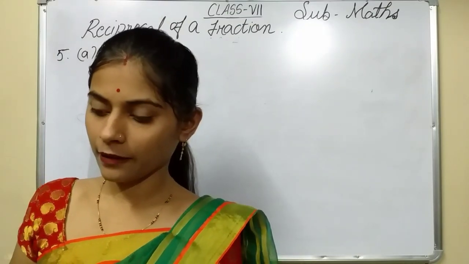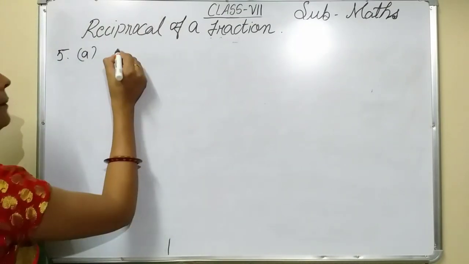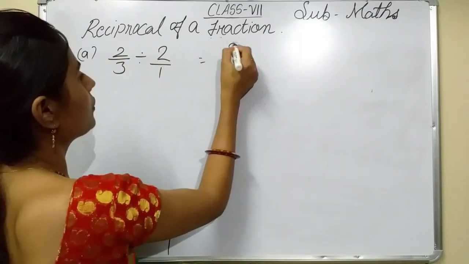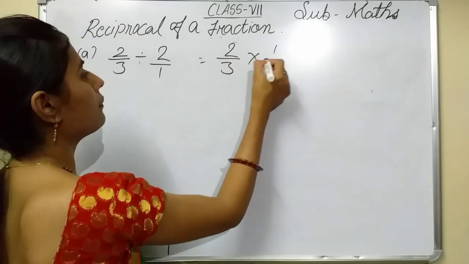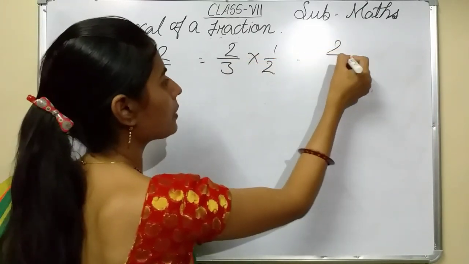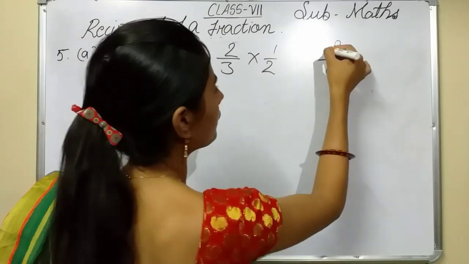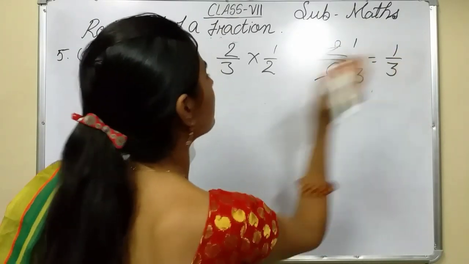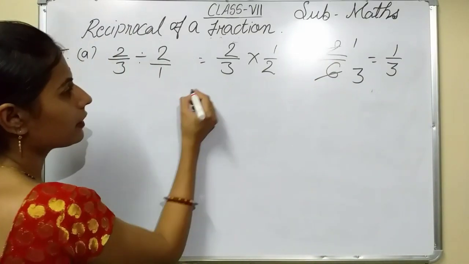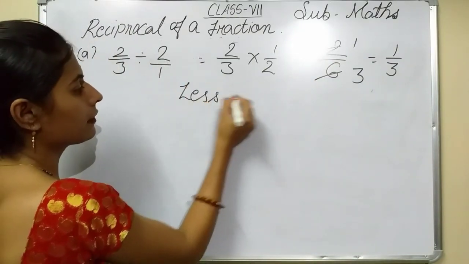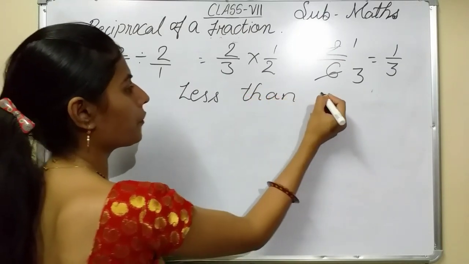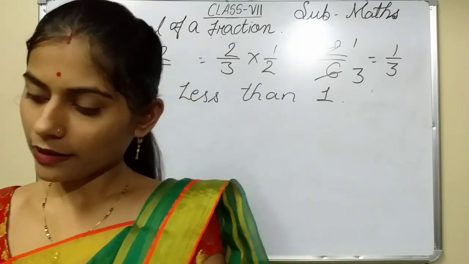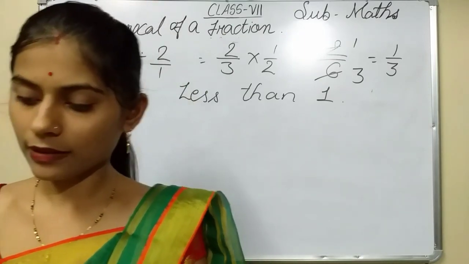They are very easy. 2 by 3 divided by 2 by 1. 2 by 3 multiply by 1 by 2, that is 2 by 6, 1 by 3. So this number is less than 1. Okay. The remaining questions you can do yourself.